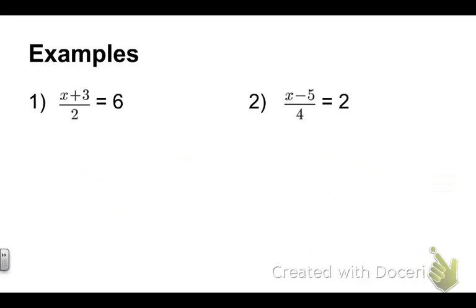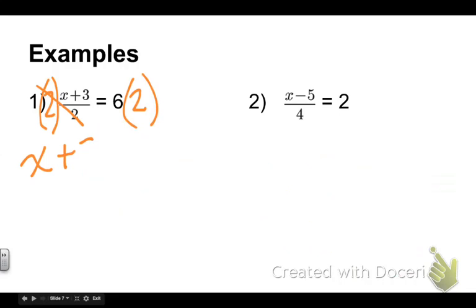If you get rid of the denominator first, it'll be a piece of cake. So here we go. The whole thing's being divided by 2, so multiply by 2. Whatever you do to one side, do to the other. 2 divided by 2 leaves you nothing but x plus 3, and 6 times 2 equals 12.